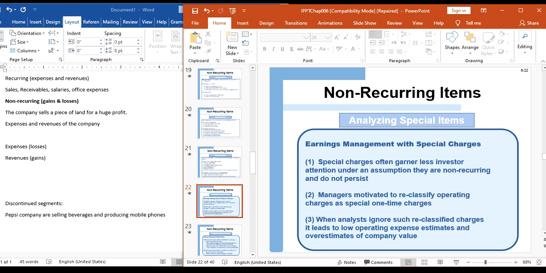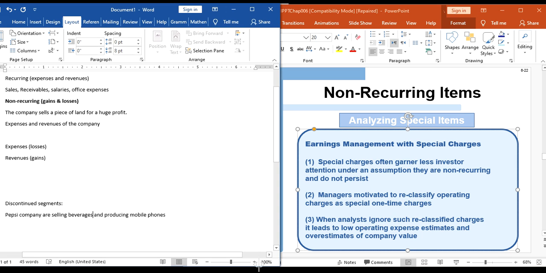Special charges often garner less investor attention under an assumption that they are not recurring and do not persist. Okay, so these special charges, these special, let's say, cash inflows are not attracting investors, as I said.